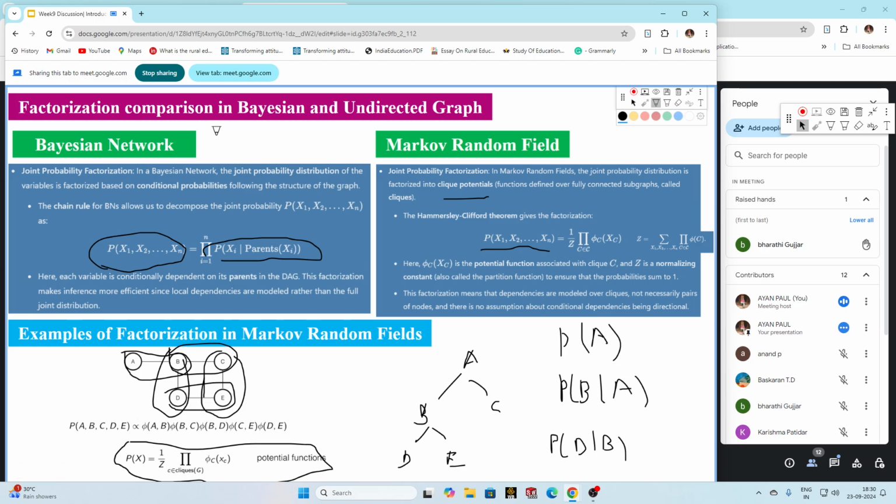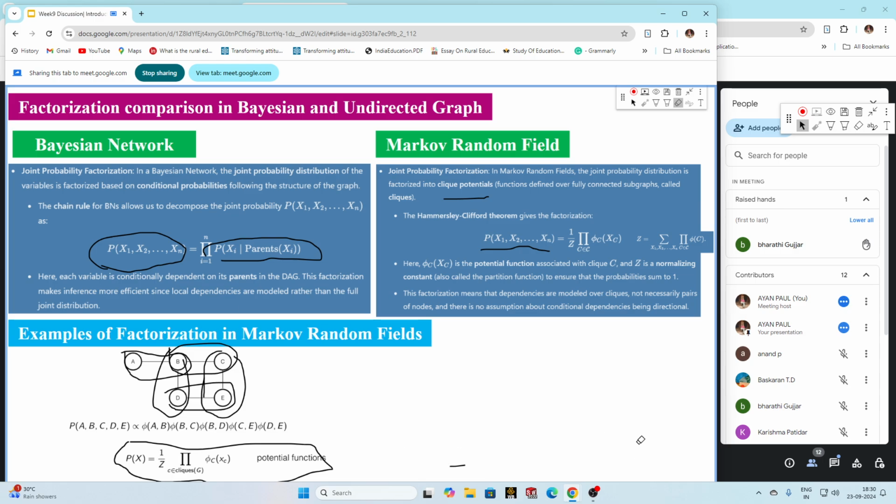This is the difference of factorization between our Bayesian network and this Markov random field.